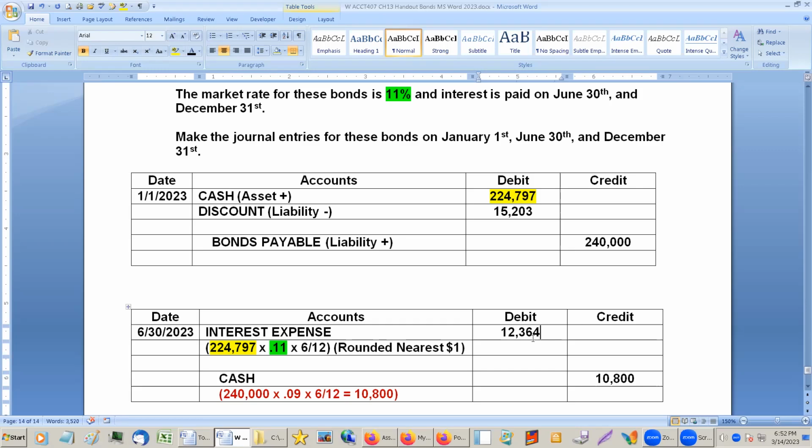And you'll see here, you can kind of take a look and notice that here's what the market wants. They want 12,364. We're only paying 10,800. So this will be the discount that we're reducing, and so this will be liability going up. They're not going to just forget about the shortage there. $1,564.